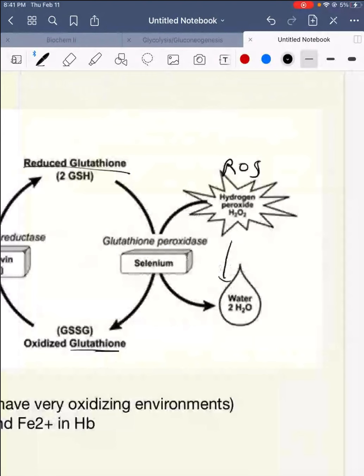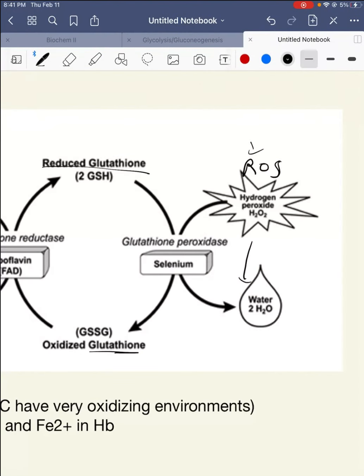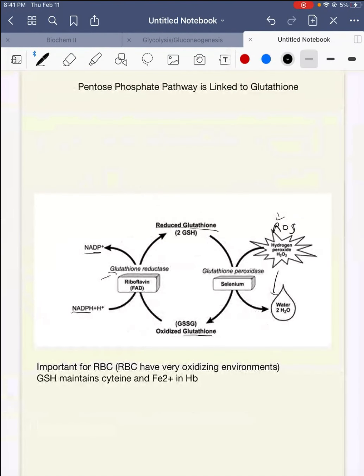So reactive oxygen species form whenever you have a lot of oxidizing environments and a lot of oxygen in general. Red blood cells, their whole purpose is to carry oxygen around in the blood, and they do so by having a lot of hemoglobin. Red blood cells actually don't have a nucleus, and they don't have mitochondria.